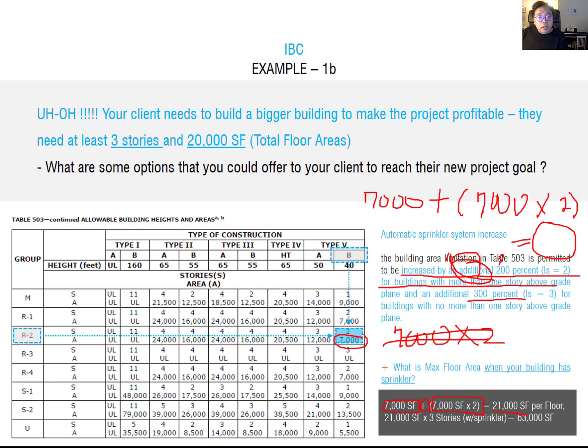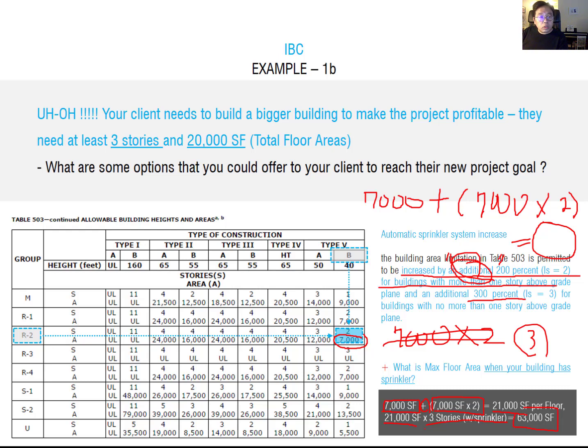Okay, so when you have a sprinkler building, you can build up to 3 stories, right? So 21,000 is per floor, and then 3 stories here with the sprinkler system. So the new number is you can build up to 63,000 square feet total when you're having the sprinkler system, right?